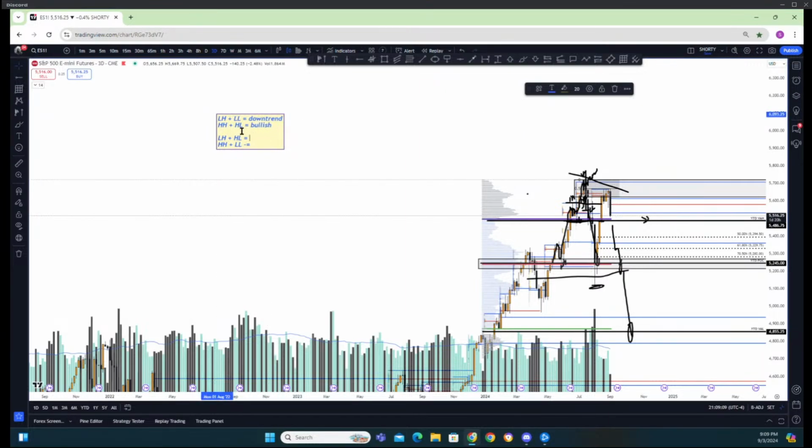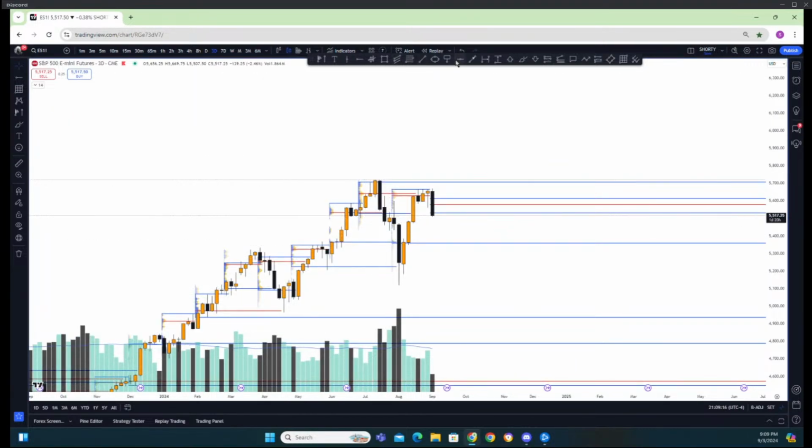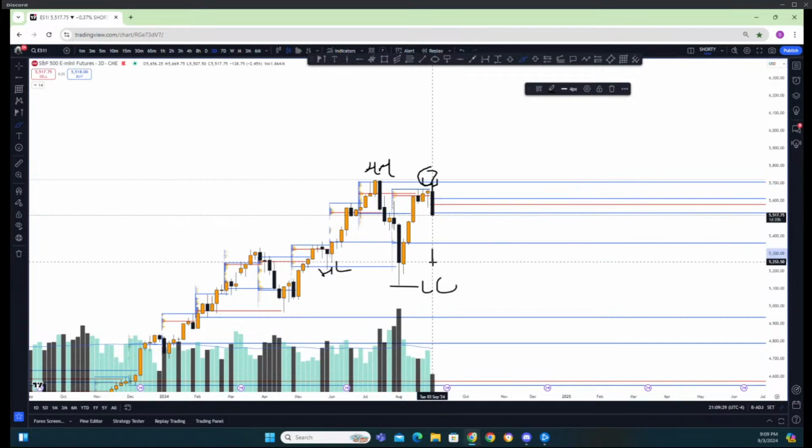Yeah, there's no decisions. You're just consolidating, kind of what you're doing here. So here you started with lower highs, you have a higher high, you have a lower high. Now you have a lower low. If this was our higher low, this is now a lower low. So you have a lower high plus a lower low. You have what? It's a downtrend.